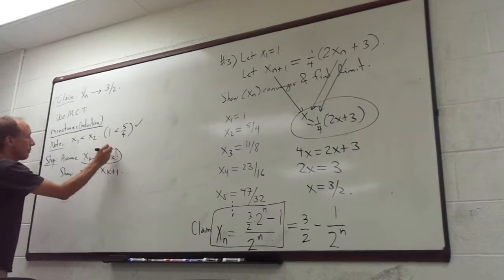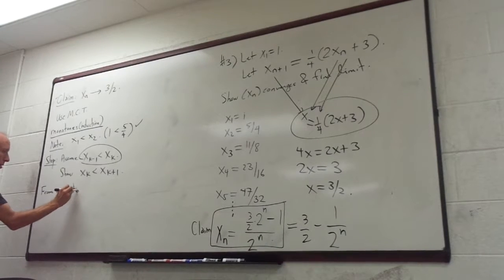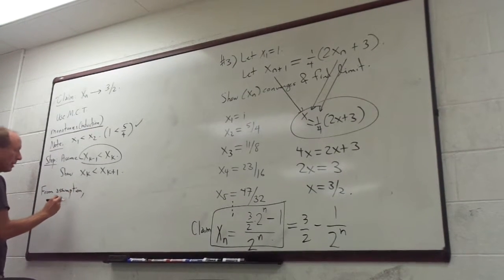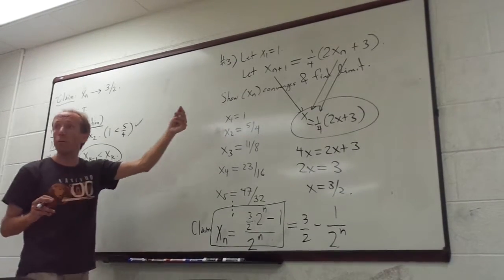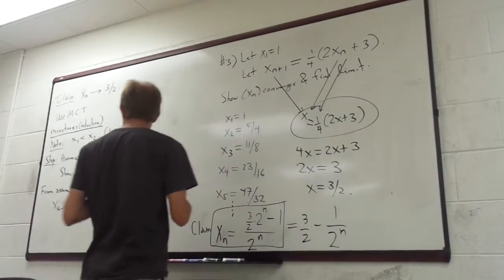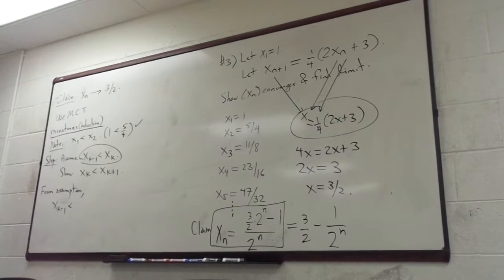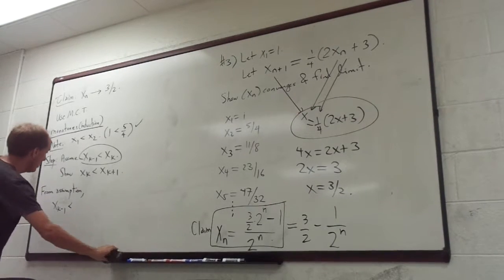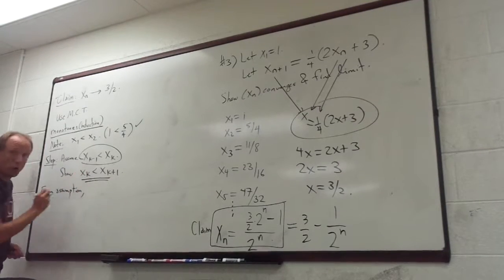Let's start from the assumption that x_{k-1} is less than x_k. Actually, I'm going to change my mind here. Instead of starting from the assumption, this is what I actually want to show.